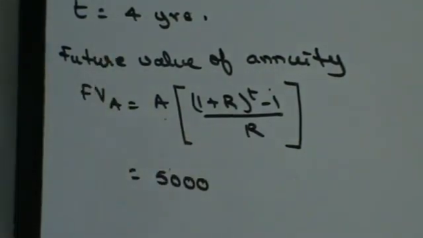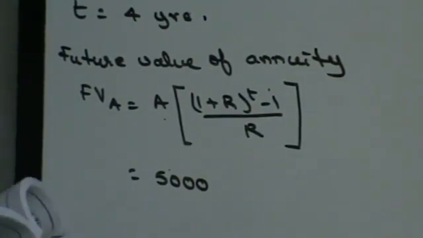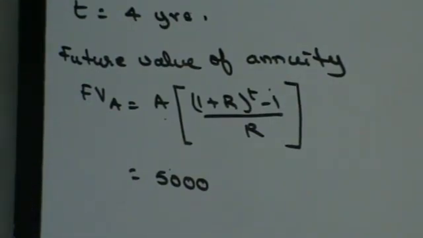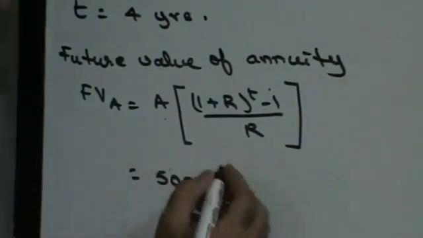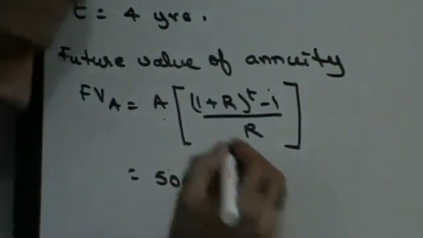Now (1 plus R) raised to T minus 1 upon R, you have a table. Can you just look above the sum? They've given you a table. Since the rate of interest is 8%, you will look in the 8% column for 4 years, so you will say this is into future value.